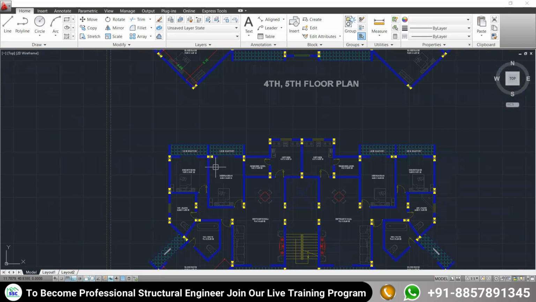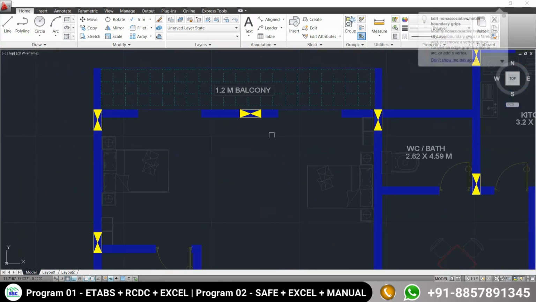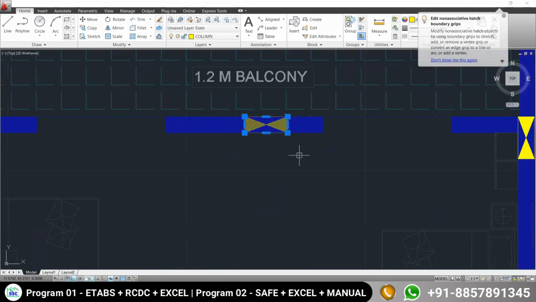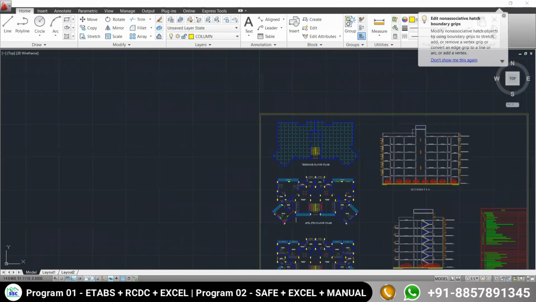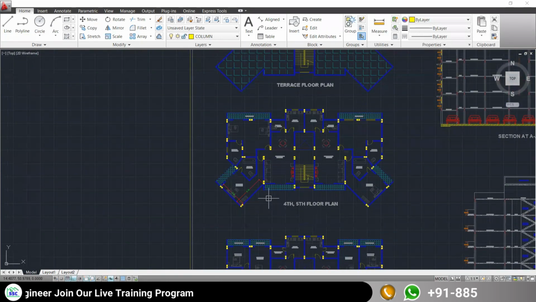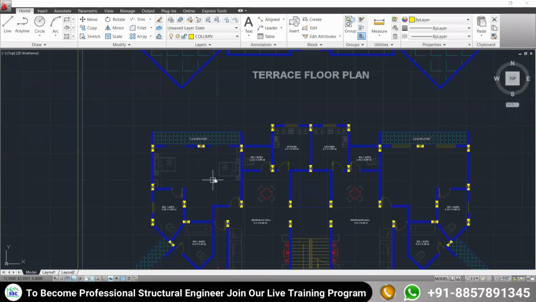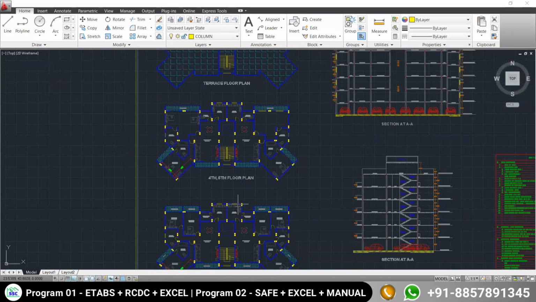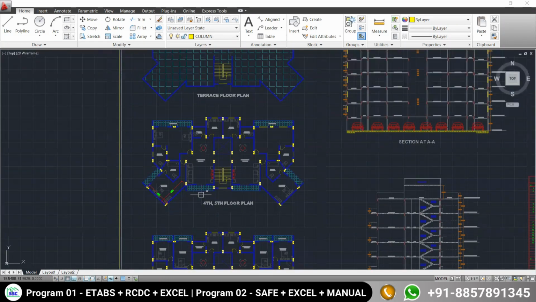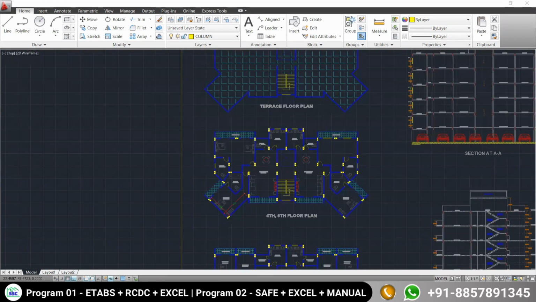I can cut this column at this floor. The span will become bigger then, sir. Okay, I will talk about that point at a later stage. Right now you will not understand, because here there are 2 floors. We will discuss this at the time of beams. At that time we will discuss it.